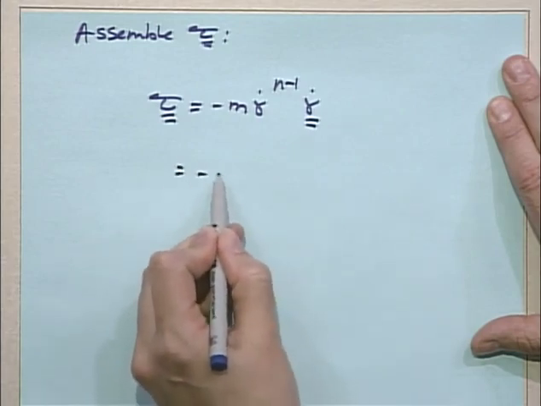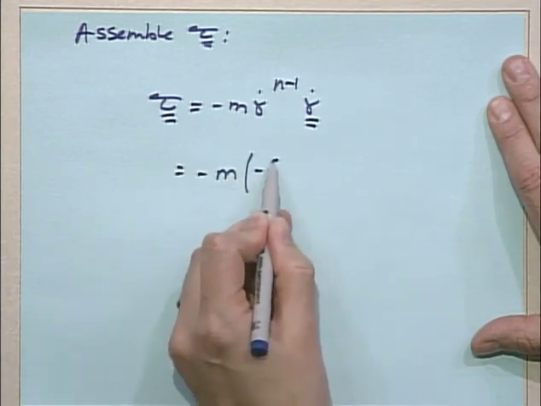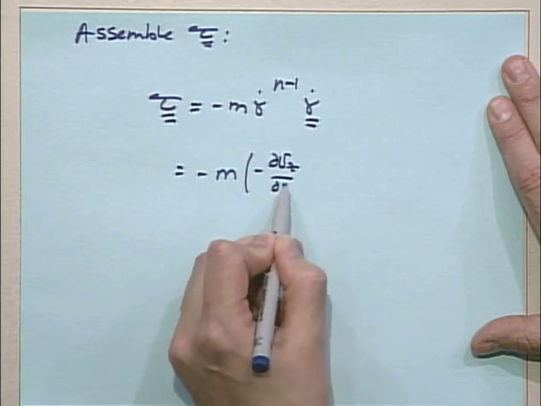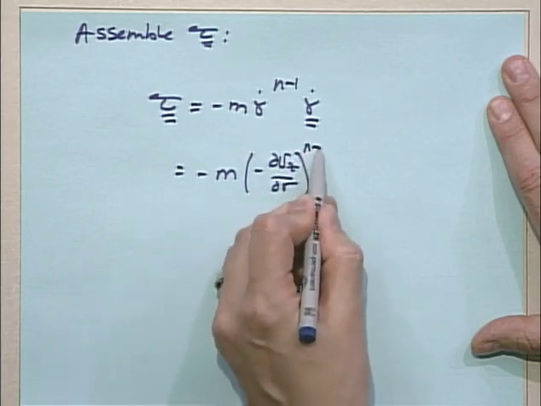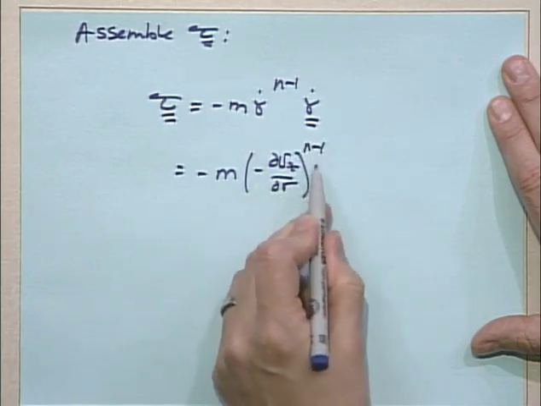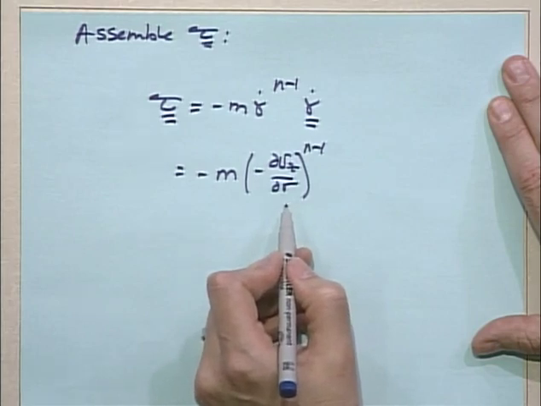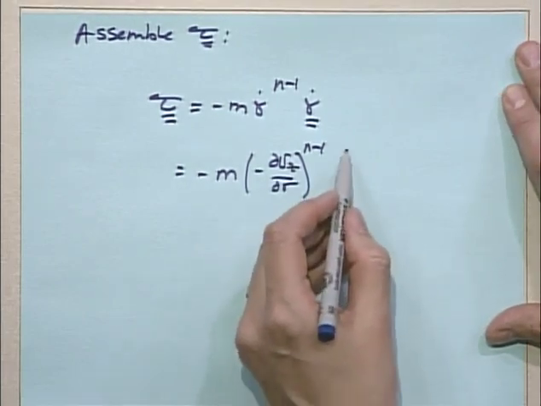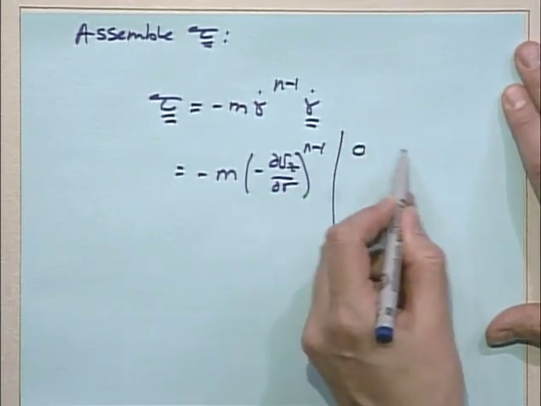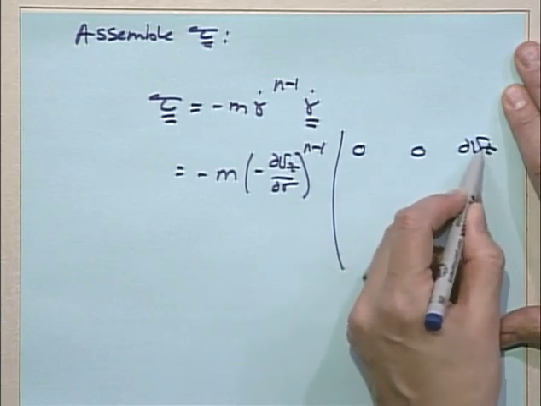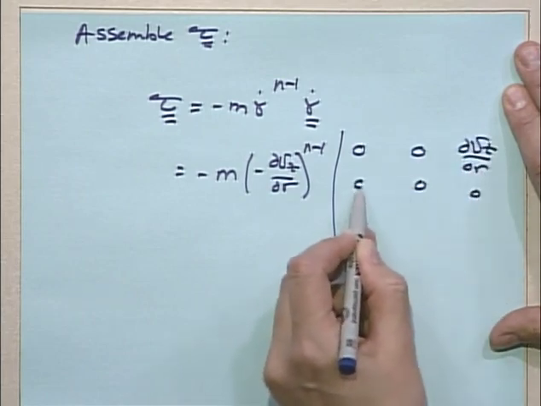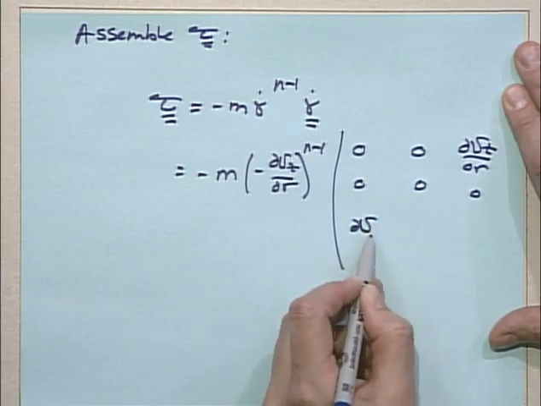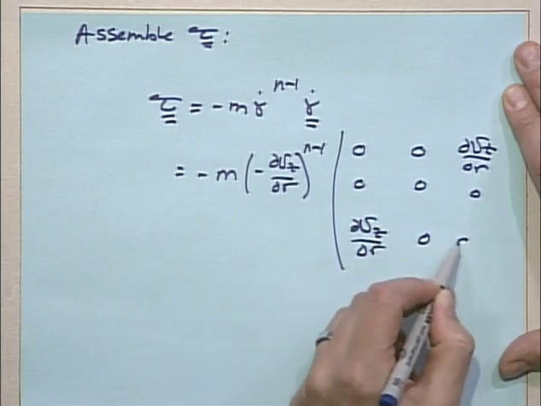So it's equal to minus m negative dvz dr to the n minus 1. This is a positive number taken to a fractional power, so it better be positive. If it were a negative number, we'd get imaginary numbers. Okay, that would be bad news. Times gamma dot the tensor, 0, 0, dvz dr, 0, 0, 0, dvz dr, 0, 0.